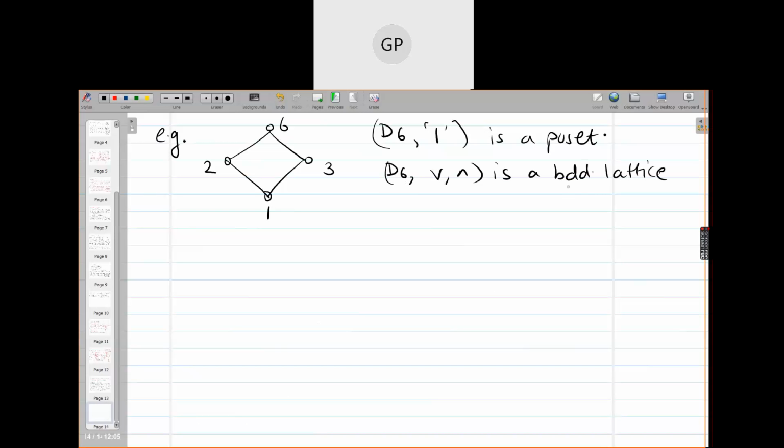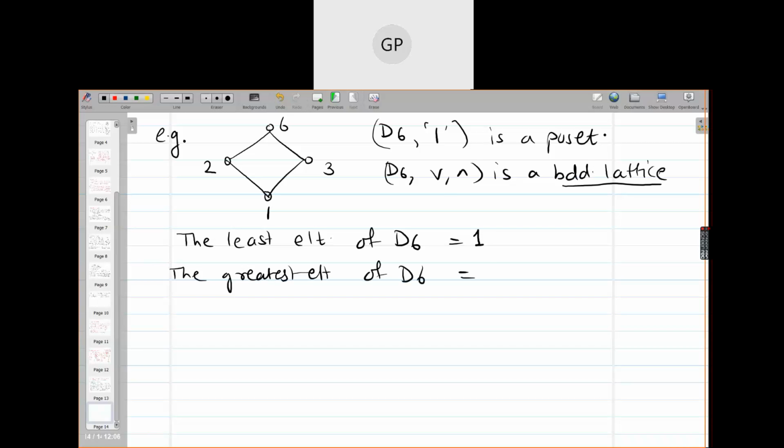Why is it a bounded lattice? What is the least element here? 1, because 1 divides every number, so 1 is the least element. Always remember this: in Dn, 1 is always the least element and n is always the greatest element. So it is a bounded lattice. The greatest element of D6 is 6.